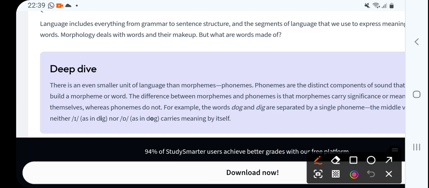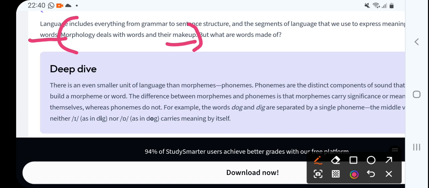So words are used to make sentences meaningful. Important. Morphology deals with words and their makeup, how words are made.